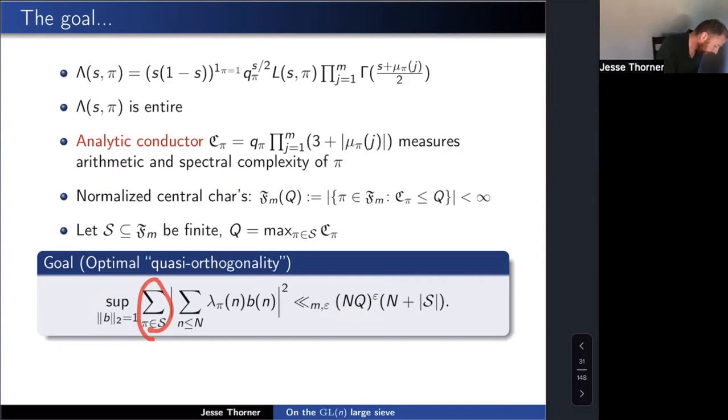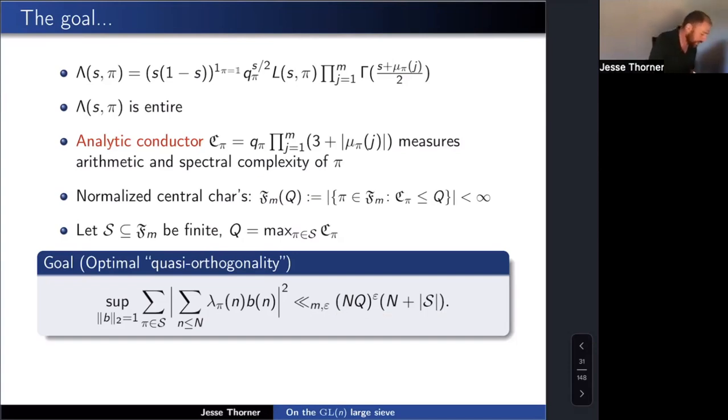We sum over all π in our family. We sum over little n going up to big N. And instead of characters here, we have our nth Hecke eigenvalue of π. And the best quasi-orthogonality that we might be able to obtain for this family would be, ignoring the (NQ)^epsilon, N times the size of the family.